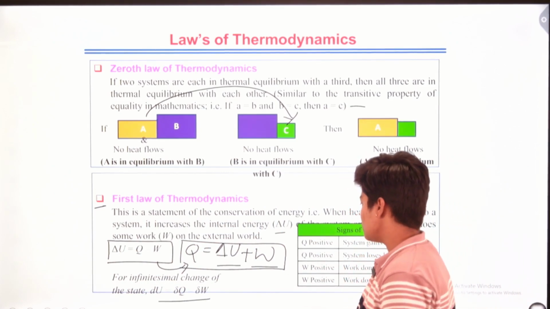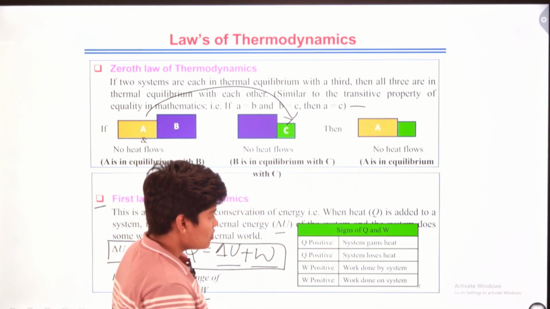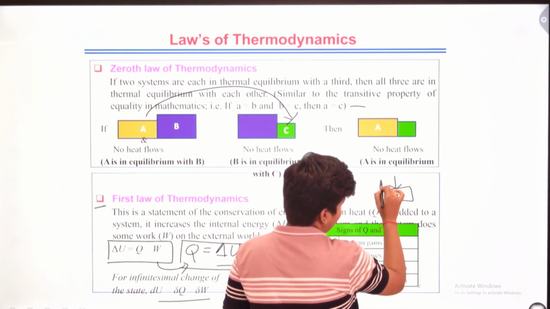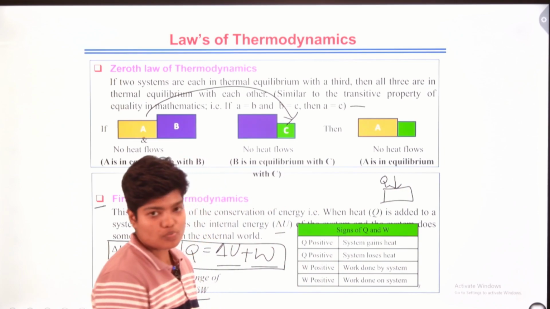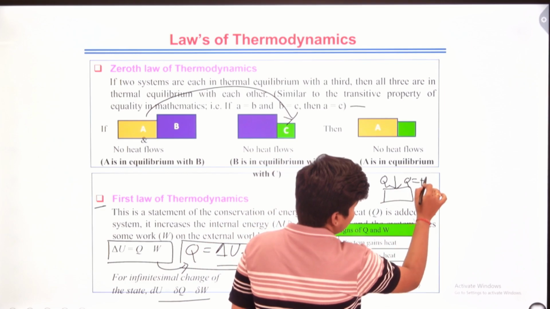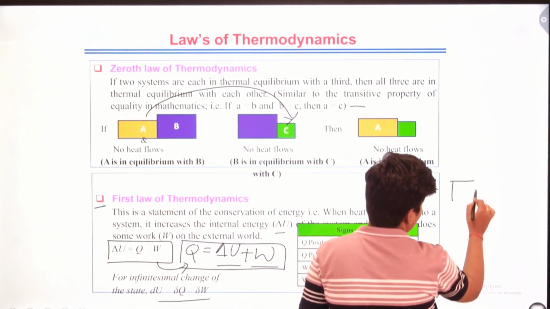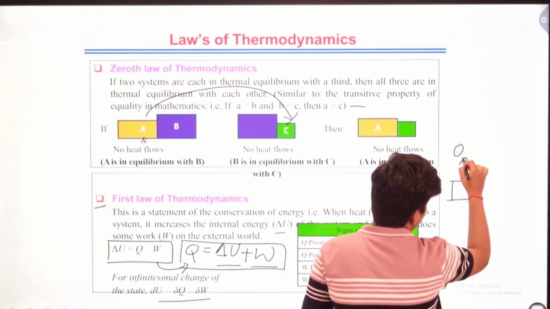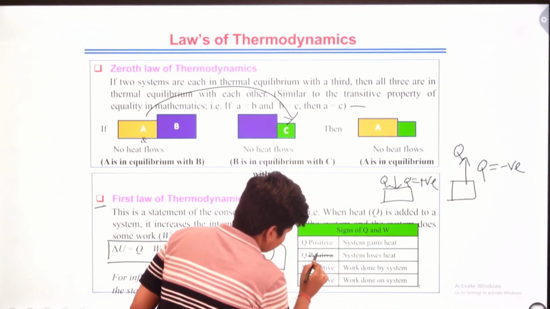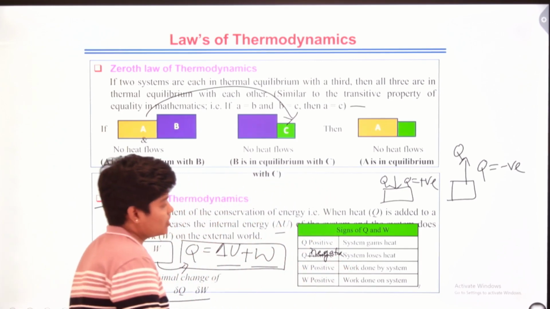The magnitude will be the same, but the sign changes for Q and W. If the system gains some heat, then Q is positive. If the system loses some heat, then Q will be negative.